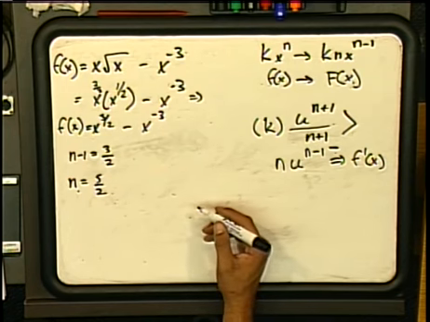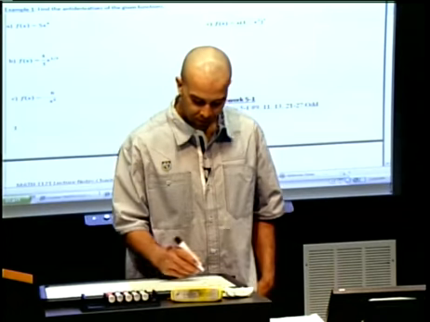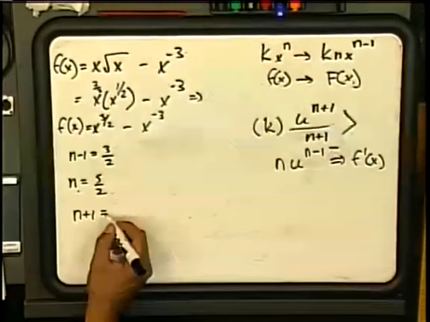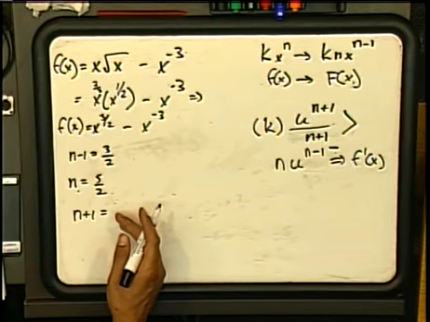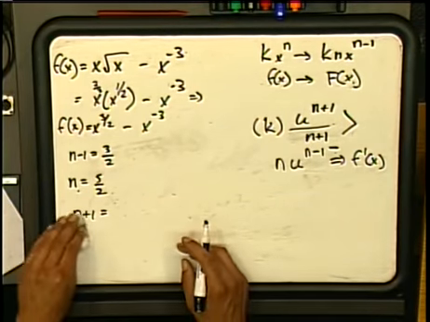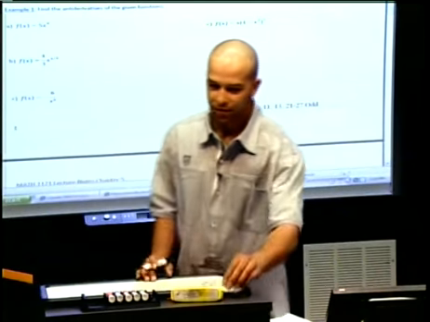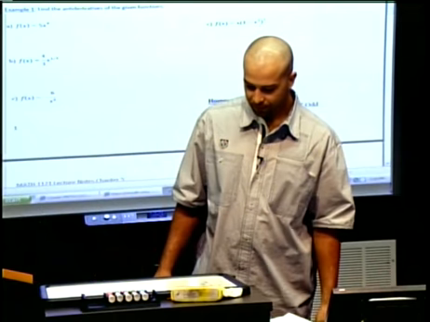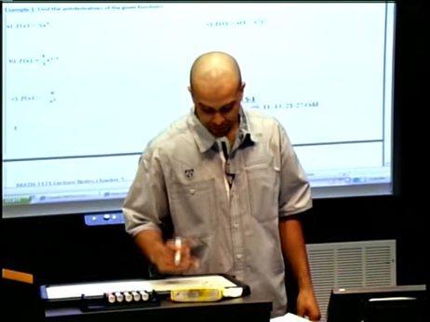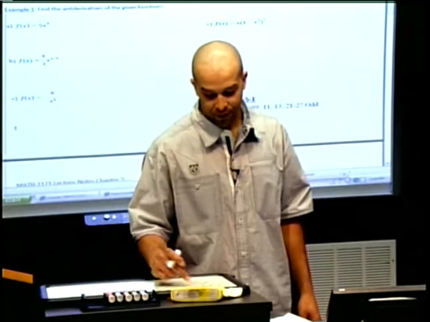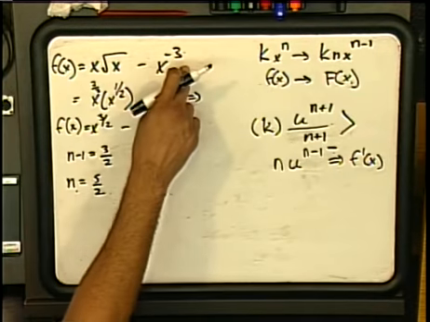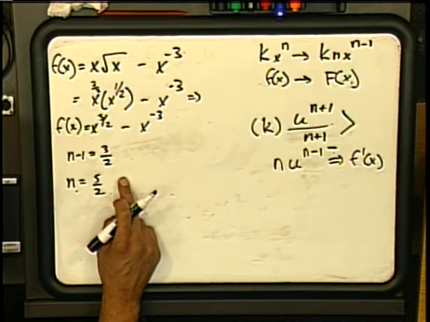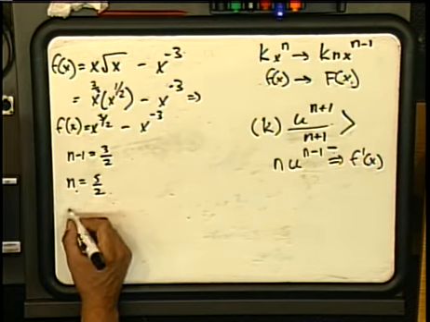I used to put n plus 1, but I don't want to confuse you. I want to just stick to the way he was doing it. But when you're doing this method, n minus 1 is already given to you. And then add 1 to it, and you have n, and you're looking for k.